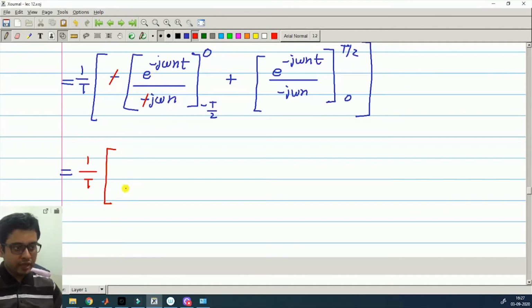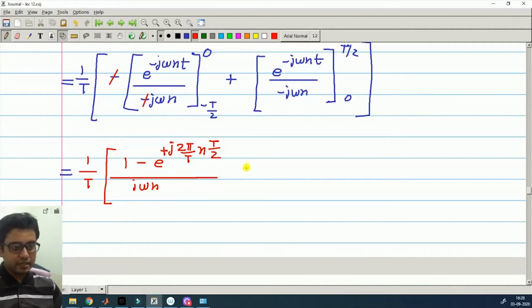Then j omega n, 1 over j omega n, and then e to the power 0 is 1 and minus e to the power minus j. In place of omega I will put 2 pi by T n, and T will be minus T by 2, so make it plus.